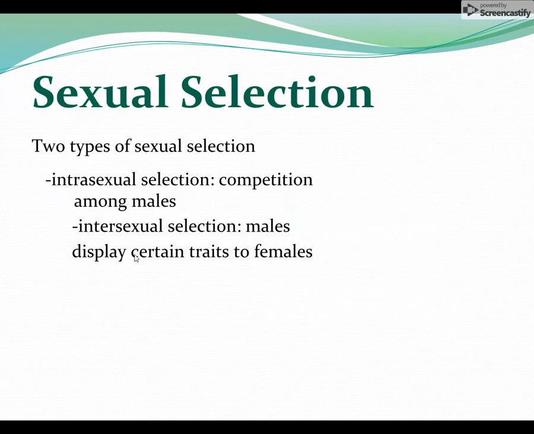So there are two types of sexual selection. There's intra-sexual selection, where you have physical combat between males of a species. If you think of rams slamming their heads together, that's intra-sexual selection. Intersexual selection is where males display certain traits. So that would be the peacock version of sexual selection.